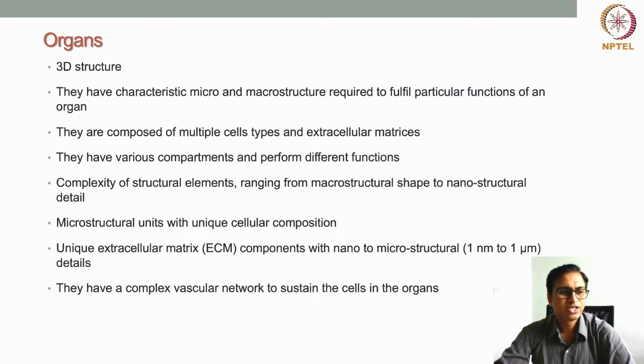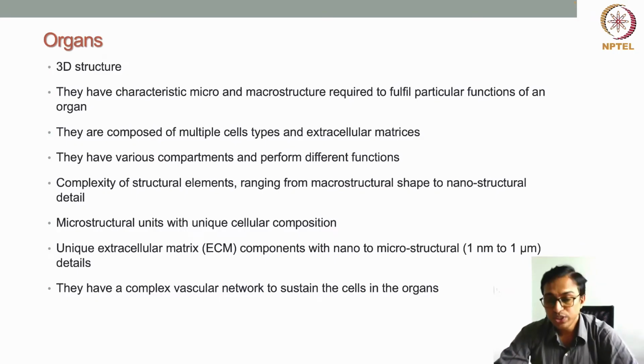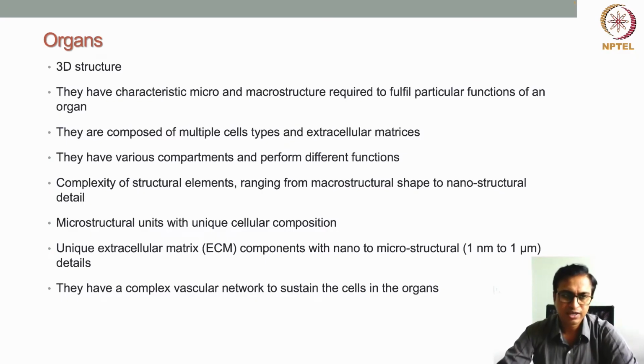In a tissue or organ, their organization and arrangement can also vary from one part to another. So we need to study all these things in great detail before we even start bioprinting a particular tissue or organ. All these points are very important for organ bioprinting, or any kind of bioprinting aimed at developing tissues or organs.